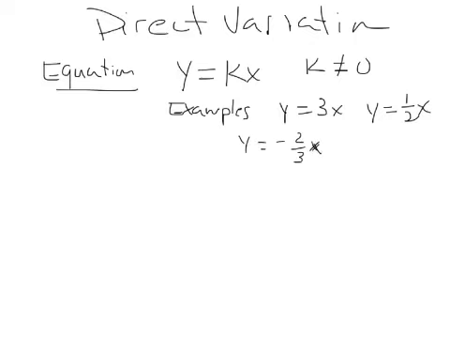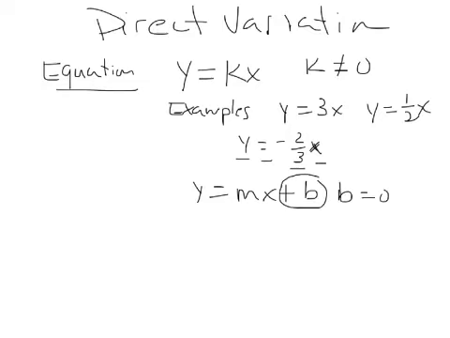So basically anything that has y equals some number and then an x after it. Remember that this is close to y equals mx plus b, but we're missing the b. b equals 0, so you just end up with the y equals mx part, which we call y equals kx.